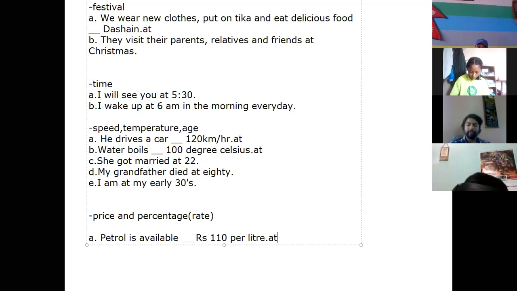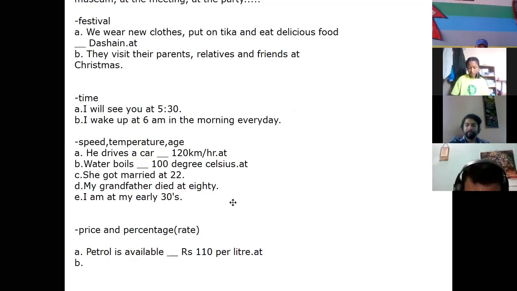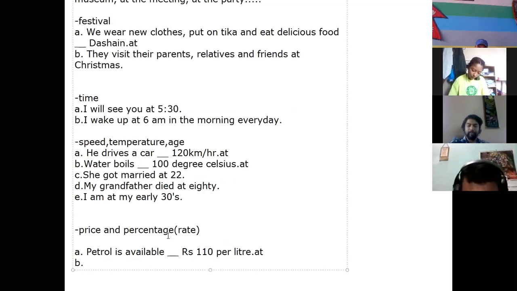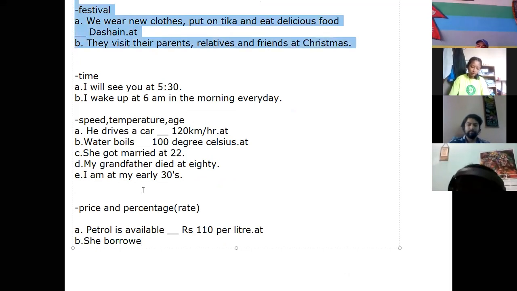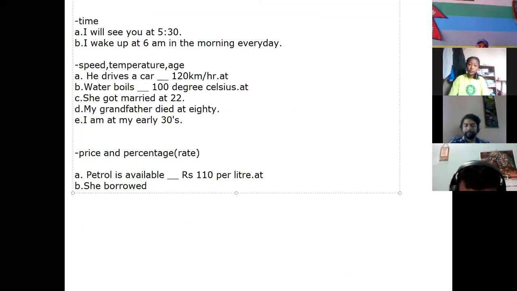Now, next one is percentage. Percentage मा के कसरी गर्ने होला? कुनै पनि as a rate तपाईलाई दियो भने, for example, she borrowed a sum of money dash 16% interest.